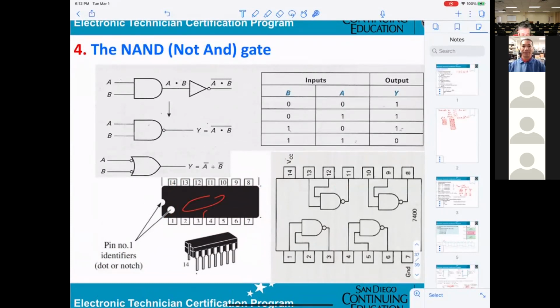So the symbol they're using, this is normally A and B, and the circle in here means inverter. So basically, before the NOT, you get A and B. After the NOT, you get the bar over, which means the NOT, not A and B.